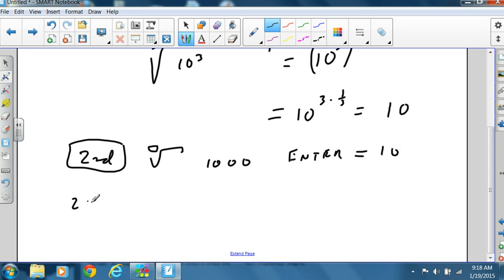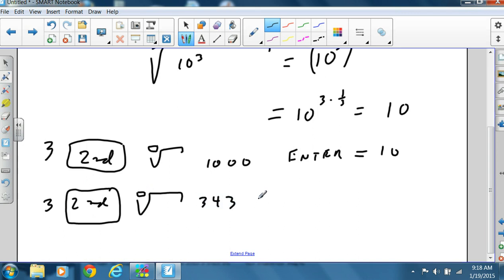And if we go 3, second function, nth root, 343, I bet you that guy gives us a 7, because that's what he better do. Boom, 7.